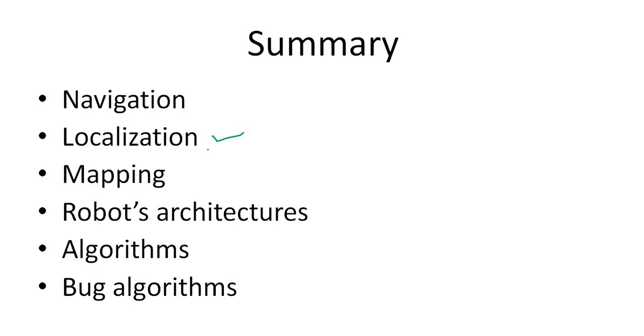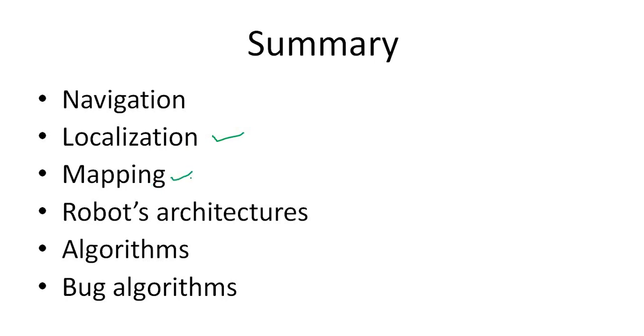And we have seen how we can localize an object or localize a robot with respect to some kind of objects in the environment. We also learned about the triangulation method to find the position of the robot. And then we talked about mapping.